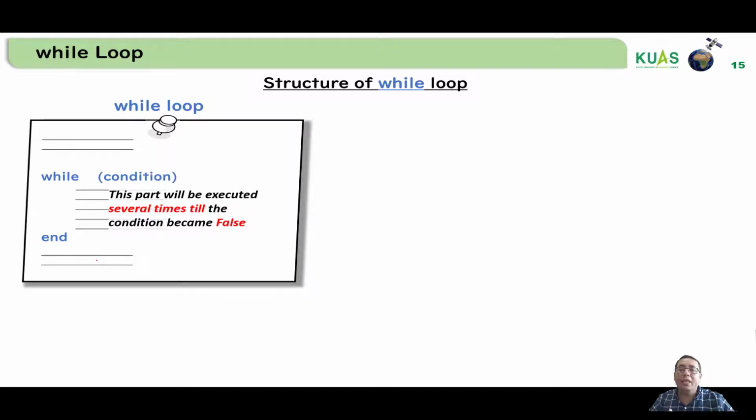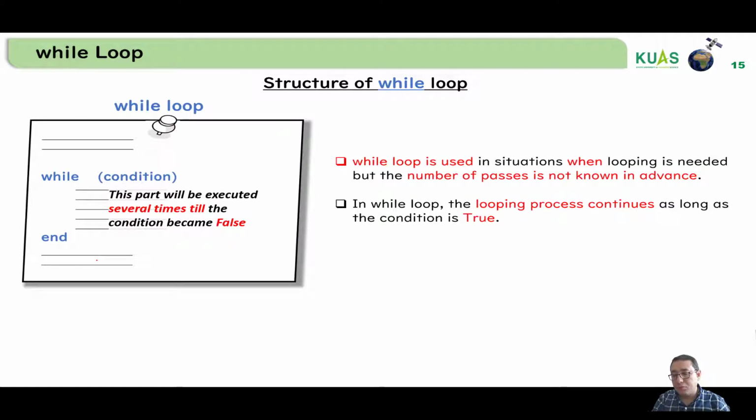We use just a condition, and if the condition is true, we continue until the condition becomes false. So, as I mentioned, the while loop has unknown iteration. It will continue as long as this condition is true. Once the condition becomes false, it will stop and continue after that.